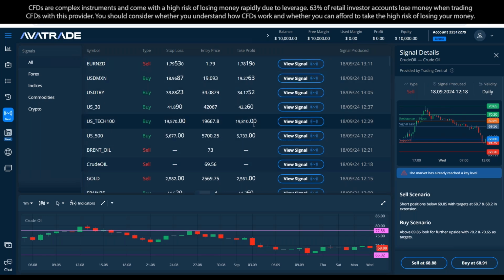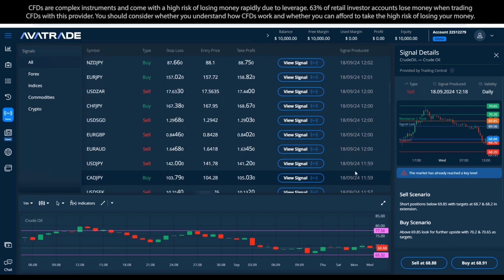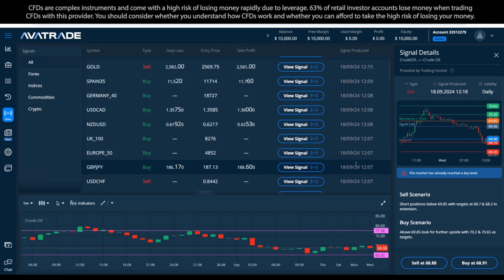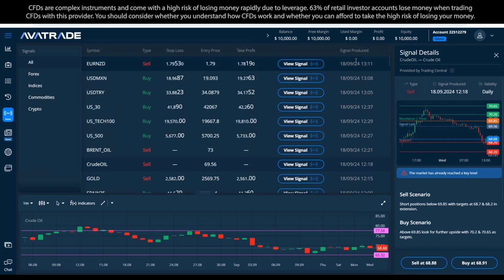Now, the advantage of looking at the signals from the signal section is that we can see the recent ones and the older ones by a linear time frame.